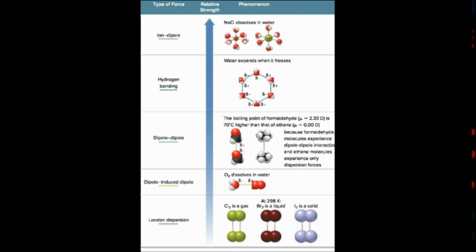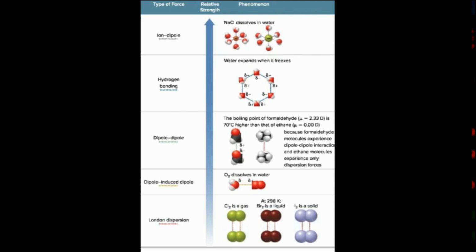The hydrogen bonding, that's the strongest dipole connection, dipole intermolecular force. Now let's start with London dispersion forces.